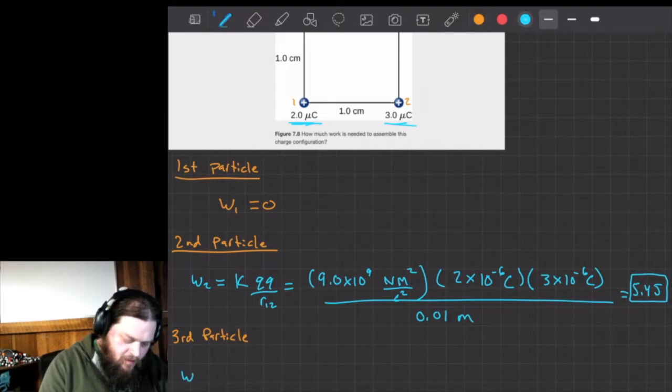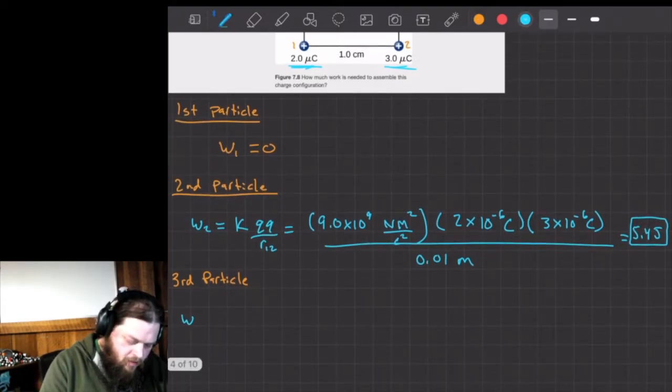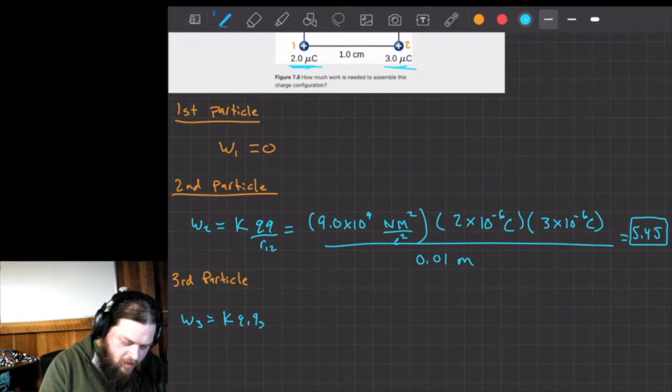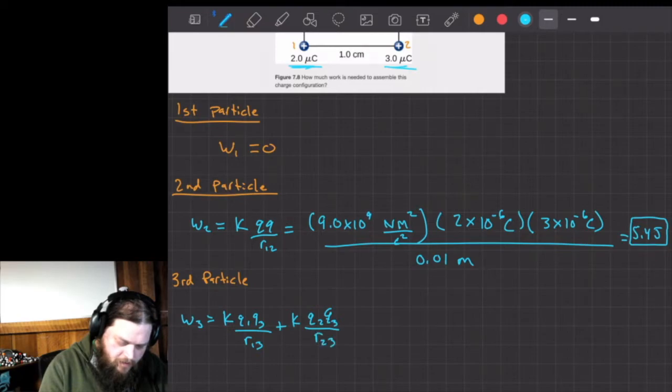We can say the work for 3 is equal to K Q1 Q3 over R13 plus K Q2 Q3 over R23. Summing that up, that's going to equal 8.99 times 10 to the 9th. I'm just going to factor out that K value.